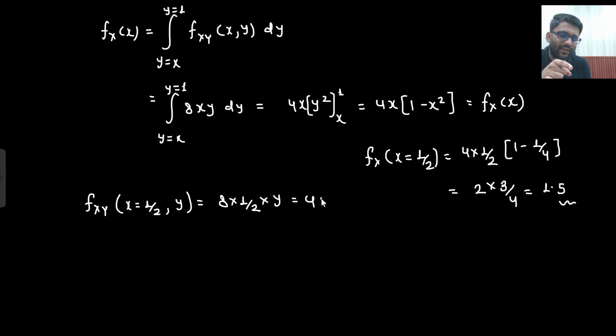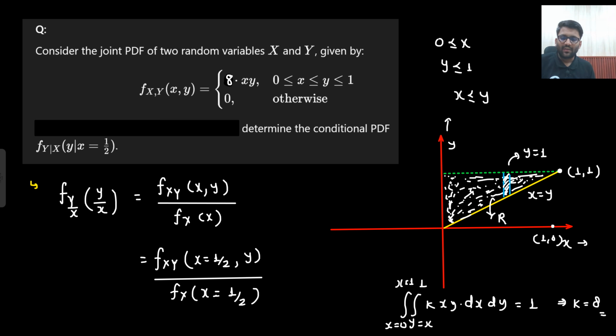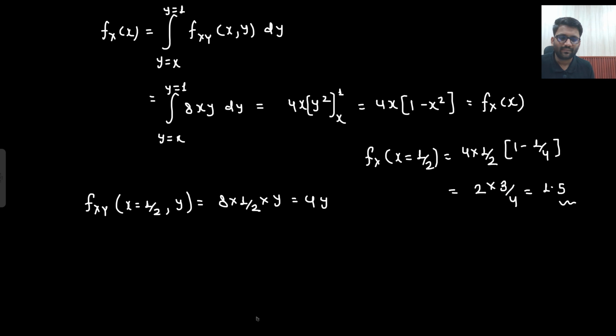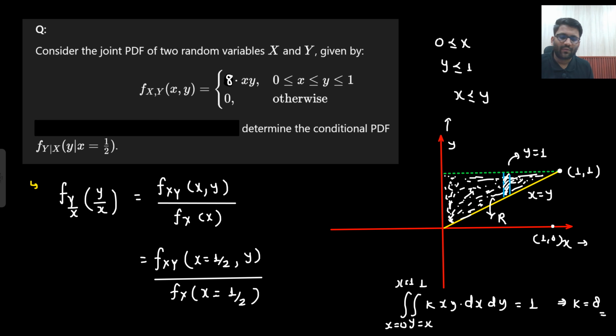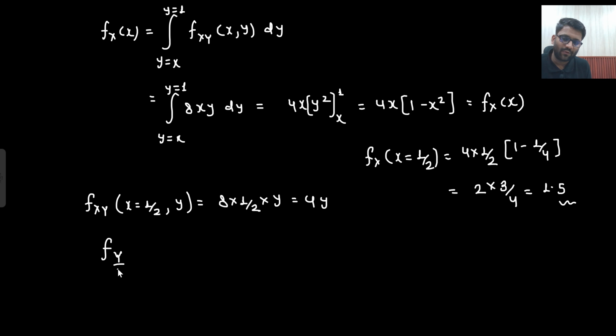So what answer will I get? 4y. So basically, what will be the answer of this particular question? They are asking f of y given x, small y, x equals 1 by 2.